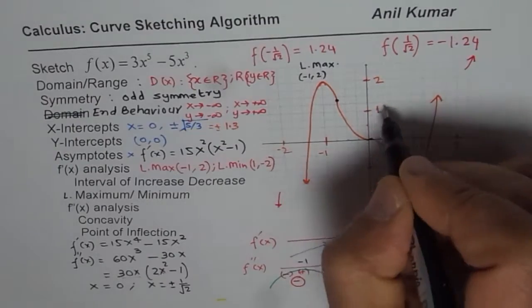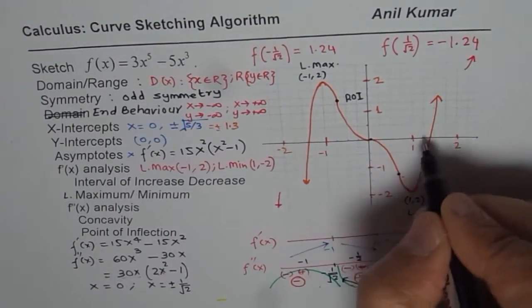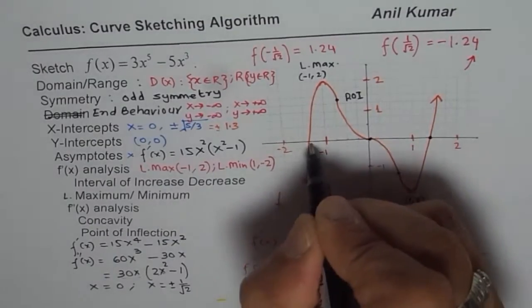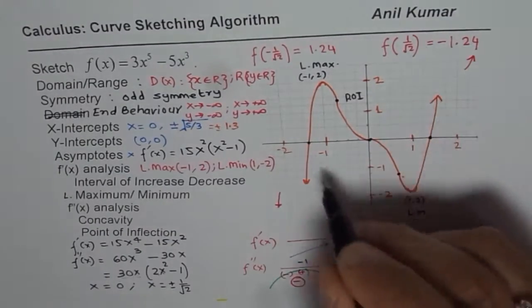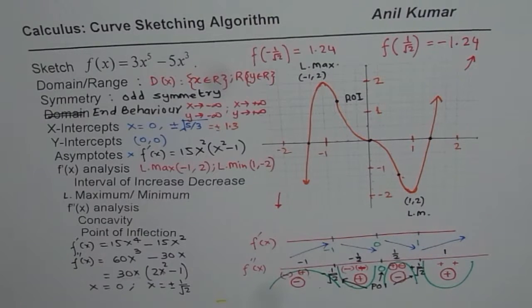So these are our points of inflection we have already given. These are our X intercepts, correct? And the behavior is clear. I hope this method clearly demonstrates how we can use the algorithm to accurately sketch the graph of the function.